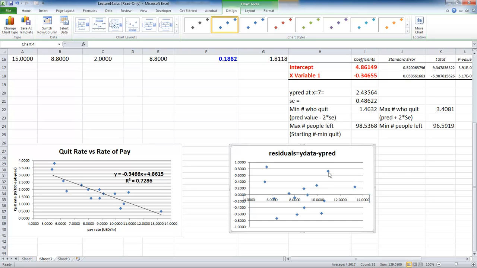I don't see that. This data point at the end is pretty high, and this one at the end is pretty high. There's really not enough data points out here to say anything about what's going on. So I'd be cautious, but I would say that the model appears okay. I don't really see anything that would disqualify it based on the residuals.